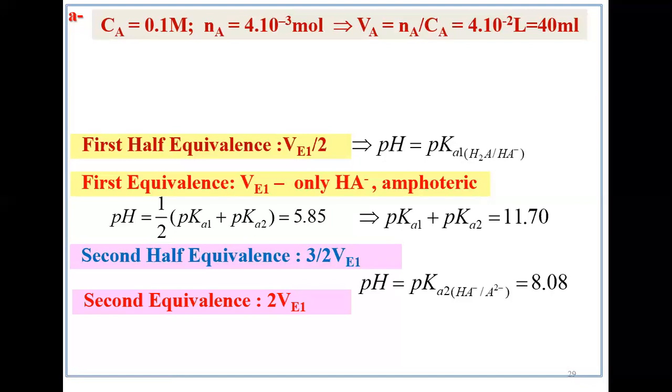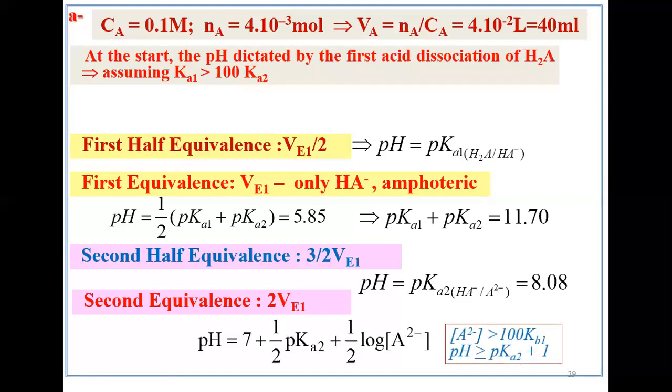At the second equivalence point, we have an expression for it if the concentration is greater than 100 Kb, or if the pH is greater than pKa2 plus 1, then we can use pH equals half pKa2 plus half log of the concentration of the dibase, A2 minus.